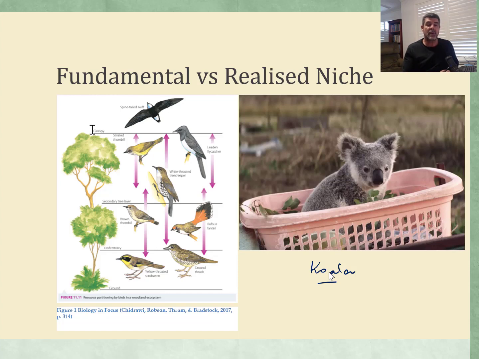So we think, okay, a niche that would be occupied by a koala would preferentially be a eucalypt forest where there's plenty of leaves for the animals to feed on, and a little bit of protection from potential predators. Now, if you think about the idealized circumstances for koalas, then you realize there's actually a very large number of fundamental niches for koalas to occupy.